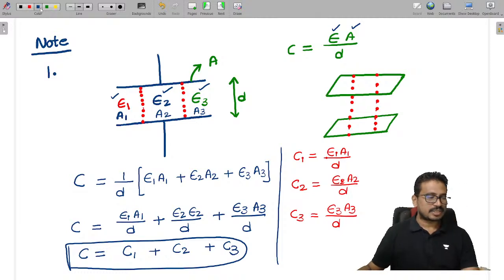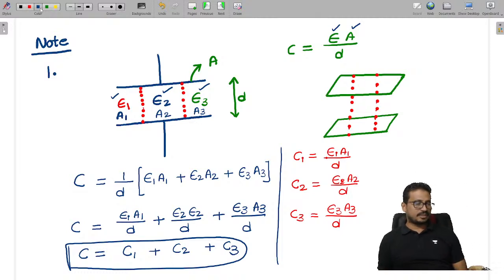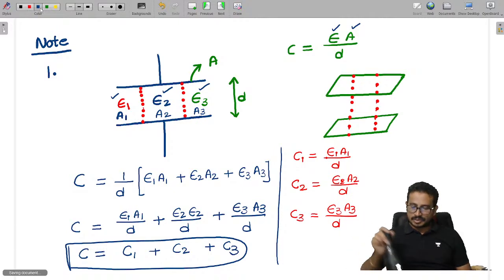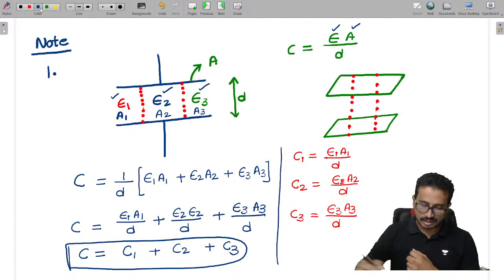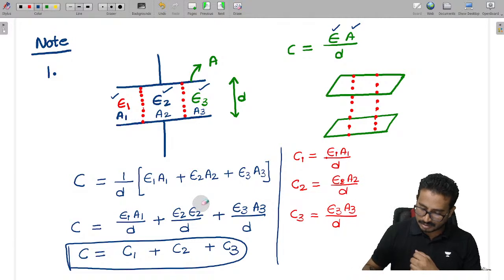So how have these capacitors been connected? This means these are connected in parallel.